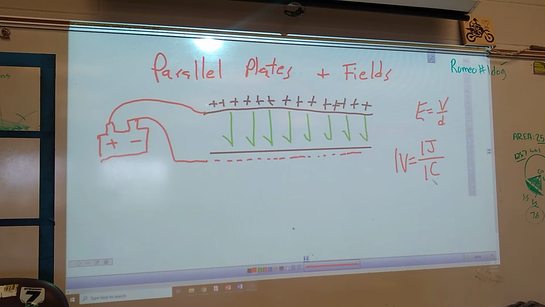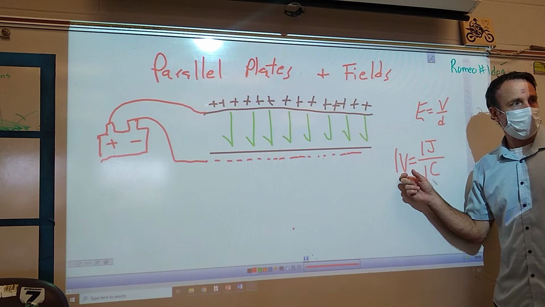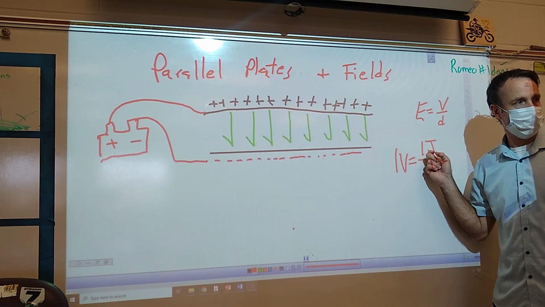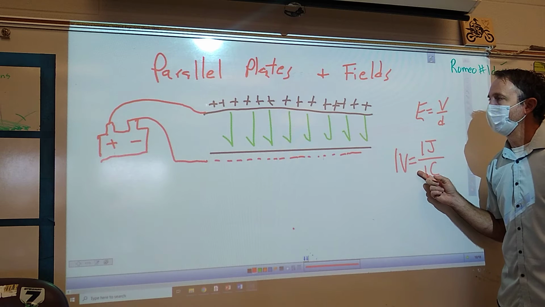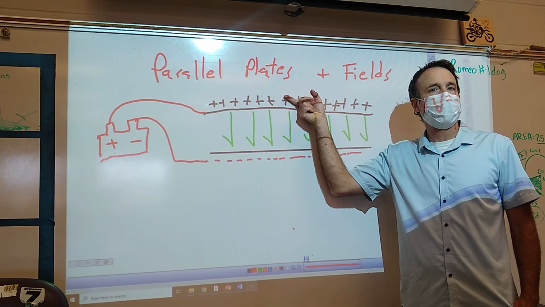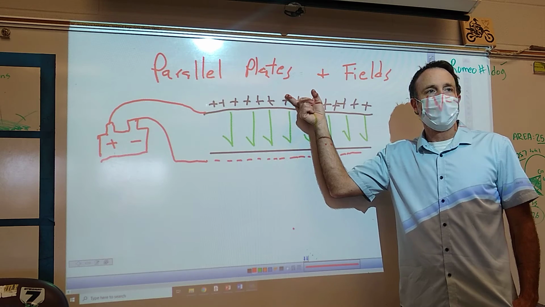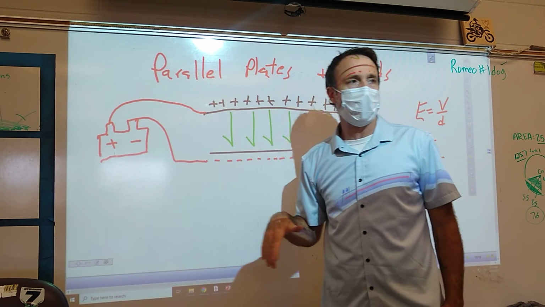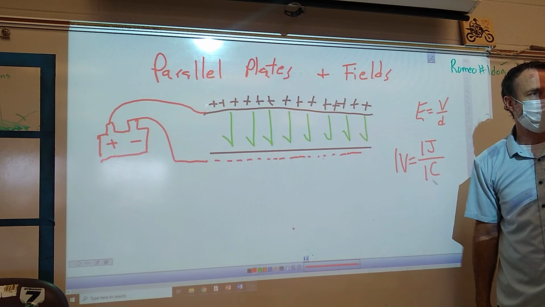Ethan, you need to write this down and draw this. So a 1 volt battery can do 1 joule of work for you if 1 coulomb of charge, 1 coulomb of electrons, goes across the electric field. So how much work could a 12 volt battery do with 1 coulomb of charge?